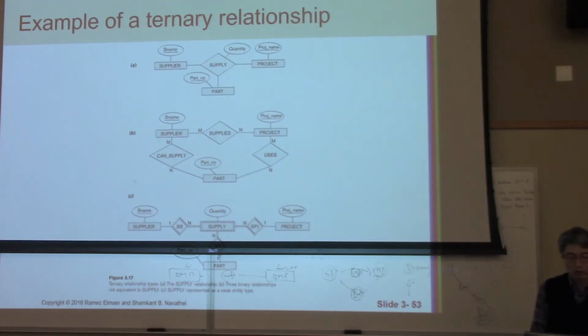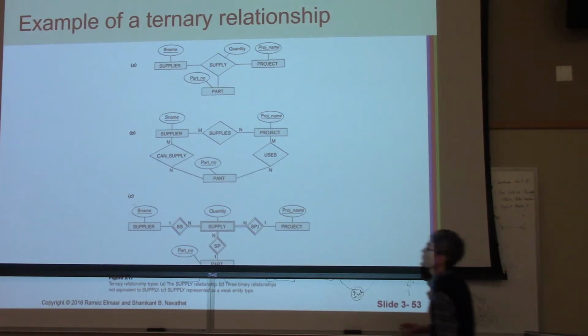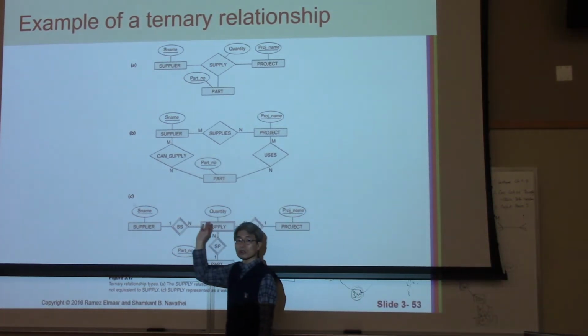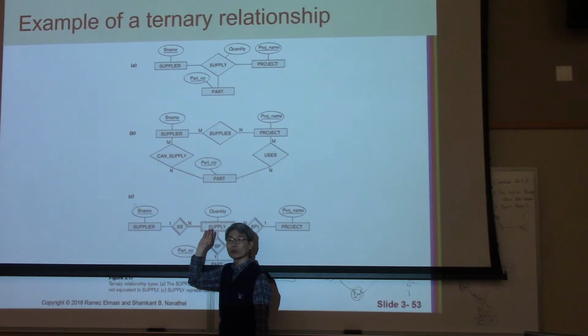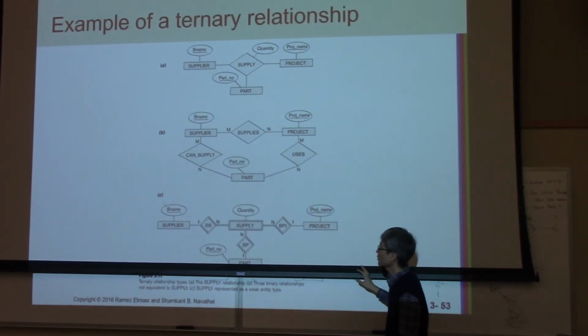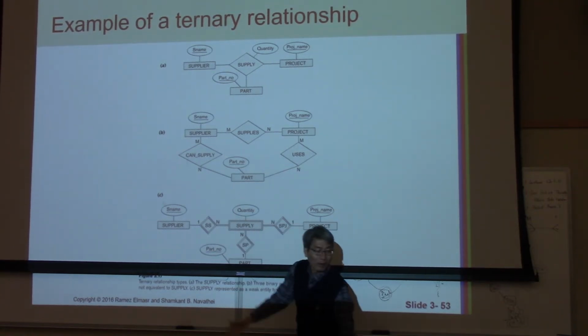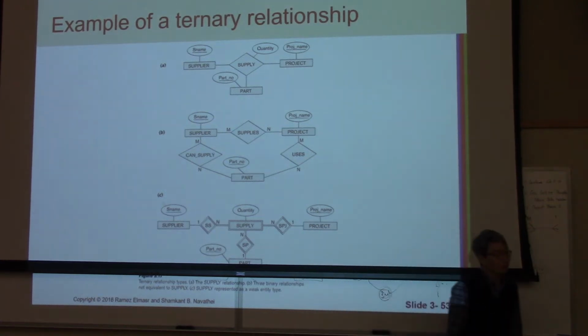Also, another way to represent the ternary relationship is, we can create one more entity. This is also the general case to represent the n-ary relationship, the multiple entity relationship. Like we can create the entity instead of the binary, the ternary relationship.